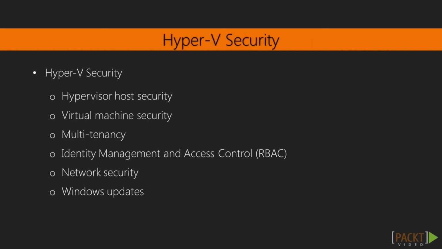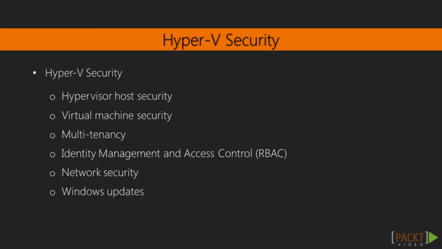Security for Hyper-V can be a broad topic, but here are some areas to focus on. Hyper-V is a service that runs on Windows Server, so the best practices for security and hardening a Windows server apply to the Hyper-V host as well.